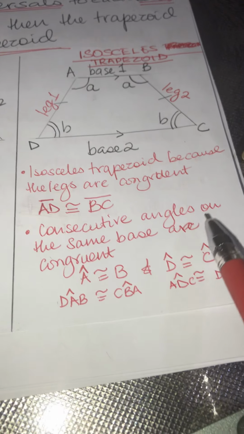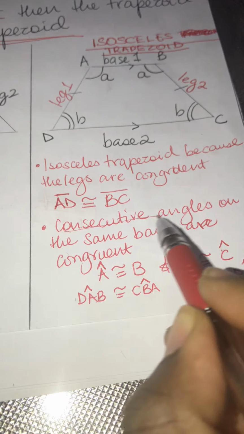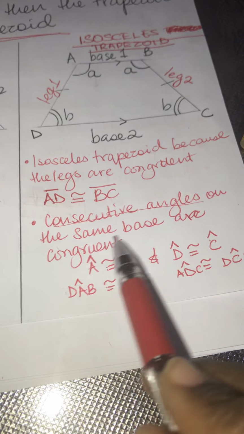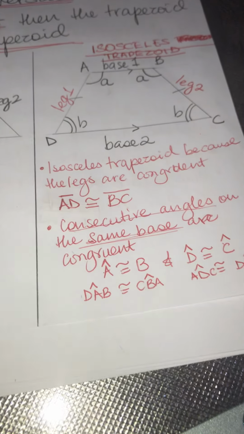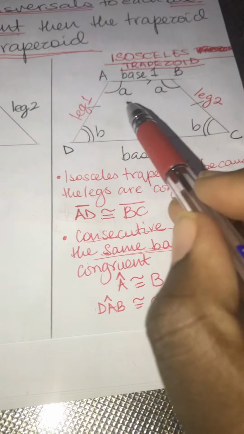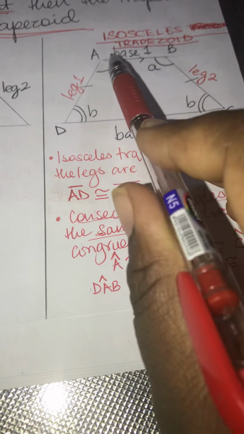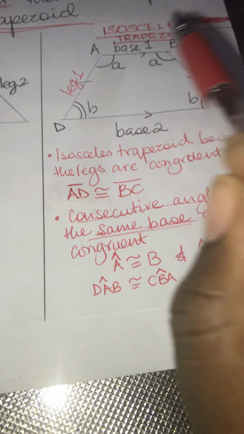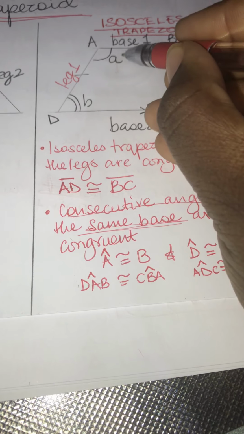Also, you should know that the consecutive angles on the same base, not on the legs, on the base, are congruent. That means base 1 has angle A and angle B. See, angle A and angle B. So if I write A degrees here, I should write A degrees here.